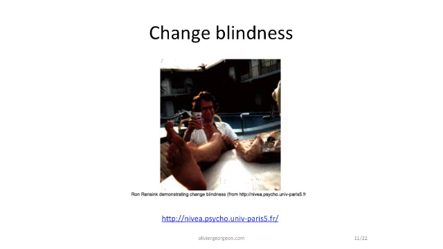We perform a dynamic exploration of the scene, and because we are disturbed by those spots during this exploration, we don't see what changes. You can see more examples of such experiments on this website, and if you search on YouTube for change blindness and so on, you will see many funny examples.